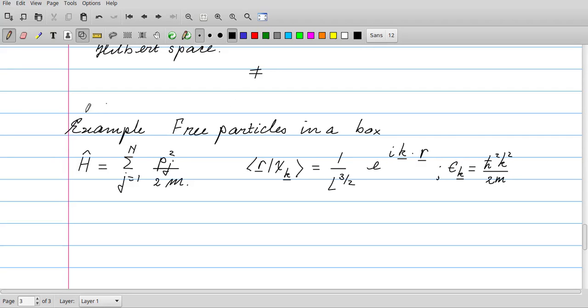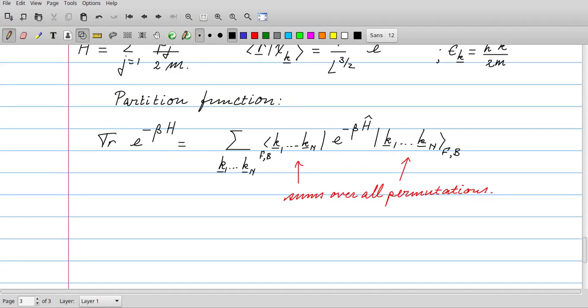Now we want to calculate the partition function, and the partition function is defined as the trace of e to the power minus beta H, where H is the Hamiltonian operator. And the trace now is a rather delicate operation. We have here these eigenstates. They are the symmetrized or anti-symmetrized eigenstates, depending on whether we are talking about fermions or bosons.